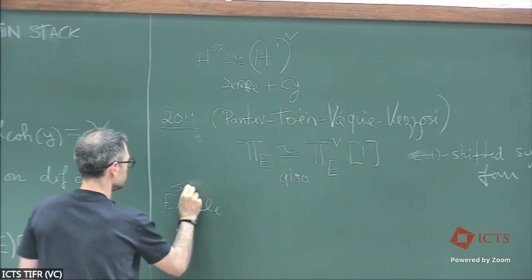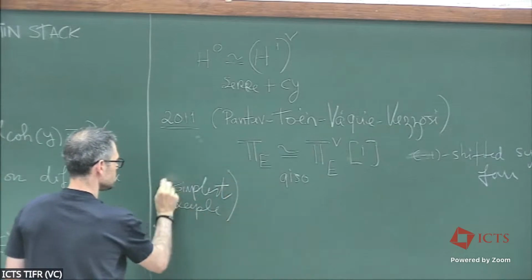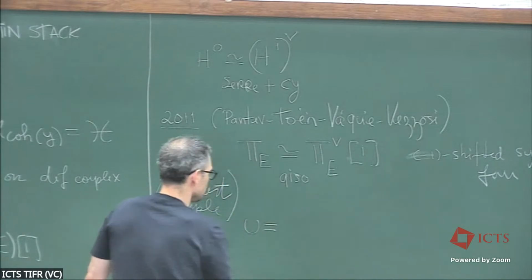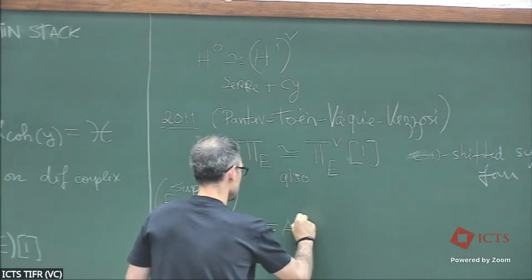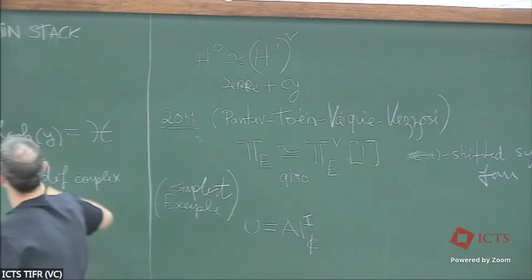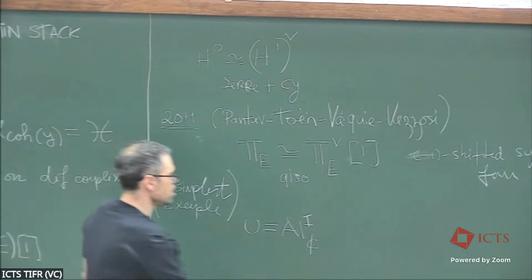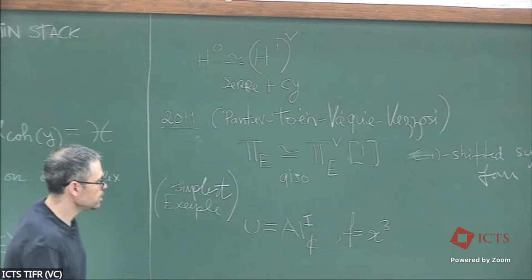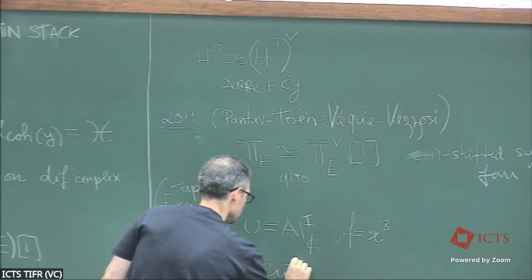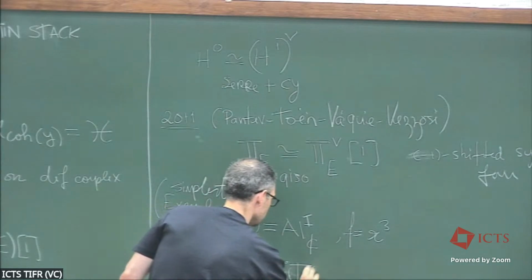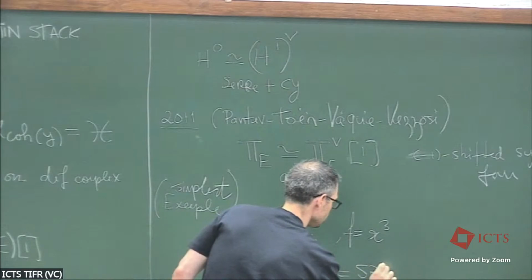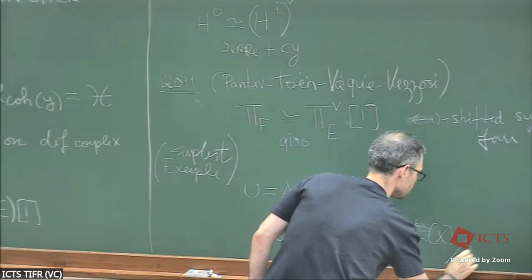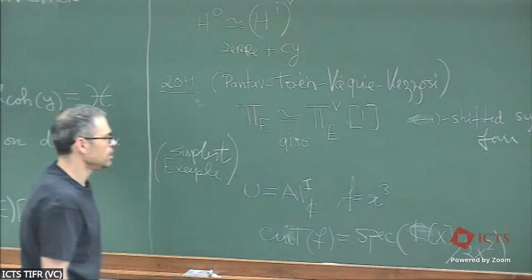Actually, the simplest example of such a gadget: let me take U to be a scheme, and in this example I'll just take A^1, so everything is happening over C. Let me take a function on U, which is just x cubed. Then I can look at the critical points of this function. As a scheme, this is just C[x] divided by the derivative of f.